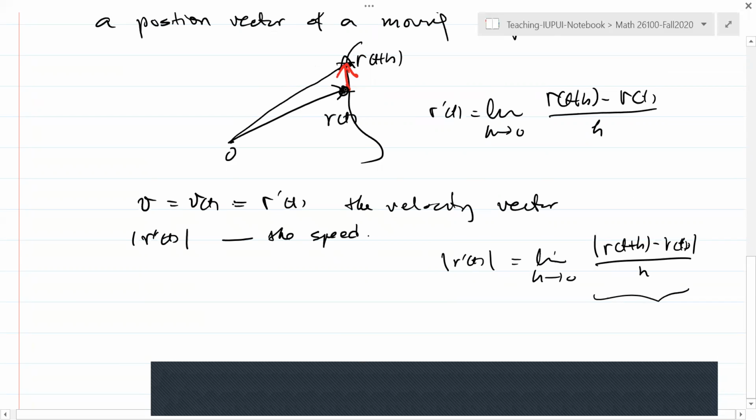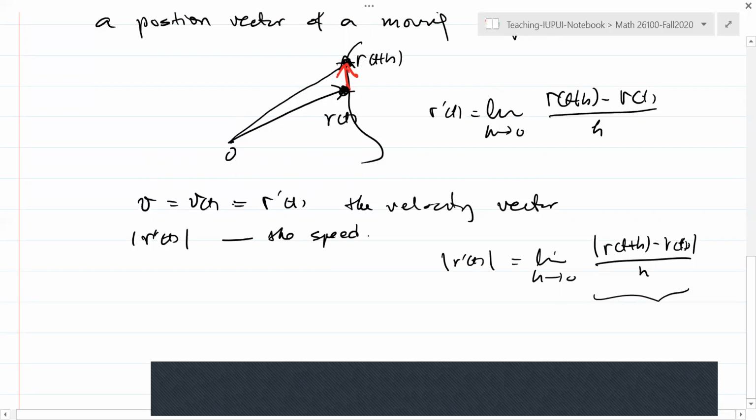Because we look at those two points, the starting point and ending point, in the space, at time t and at time t plus h. You look at these two locations, then you measure the distance between those two points, which is the norm of the difference of those two vectors.